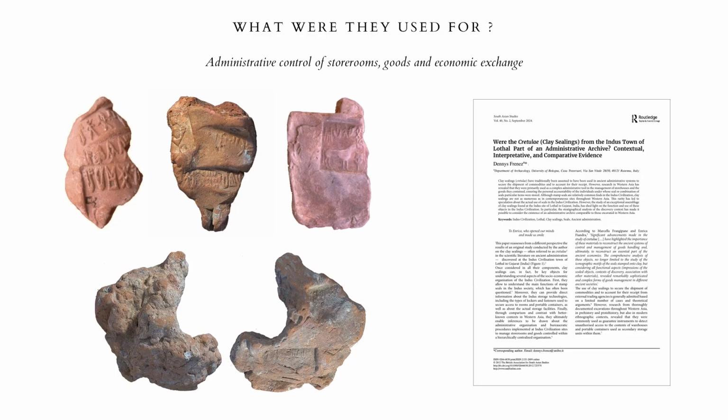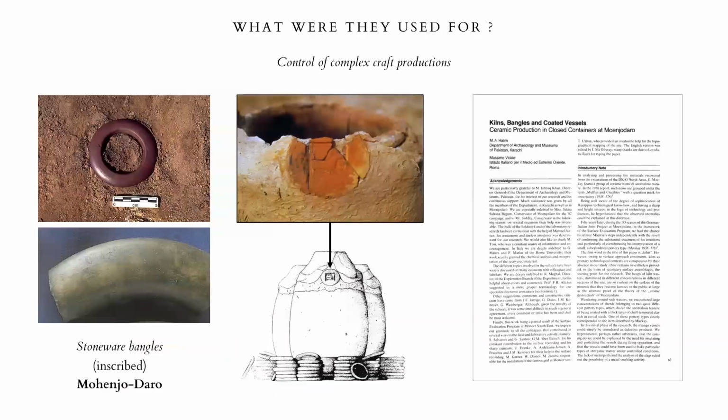After nearly 2 decades of studying Indus seals and their impressions on clay, I am pretty confident in saying that stamp seals were primarily used also in the Indus civilization for the local administrative control and management of storerooms and stored commodities. We also know that seals were used to control the manufacturing process of complex craft productions, like the stoneware bangles, which were eventually engraved with a short sequence of tiny Indus signs.